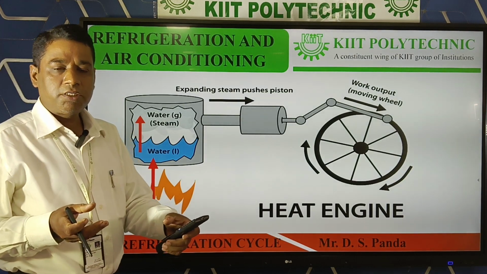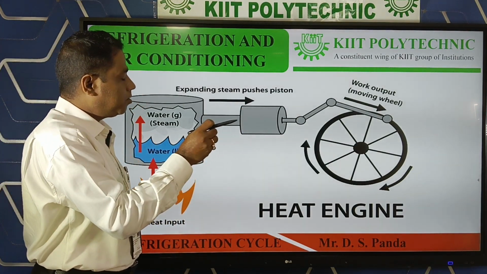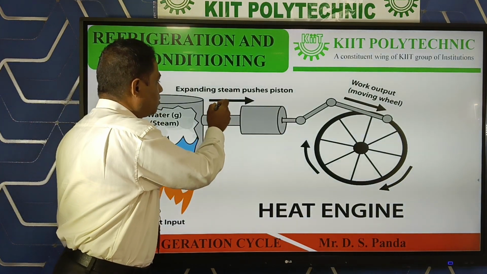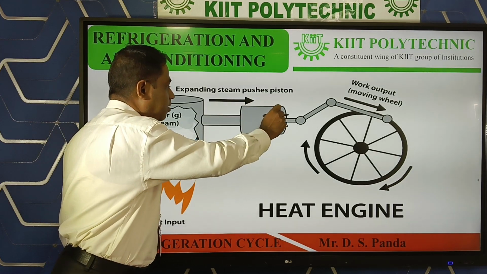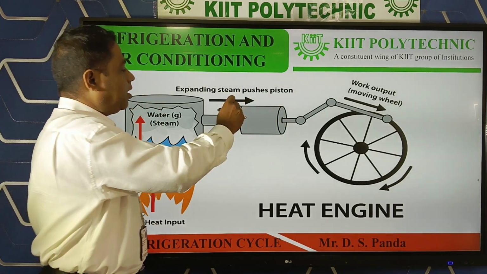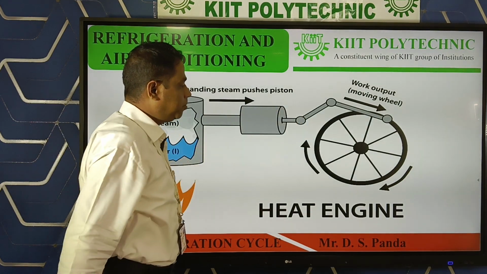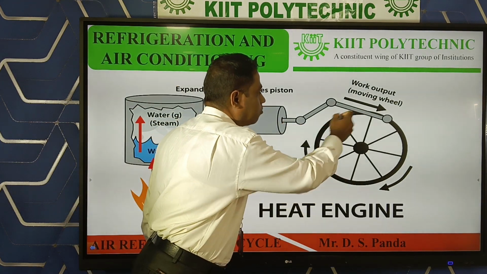When high pressure steam enters the cylinder, it pushes the piston forward. The direction of movement of the piston is given here. At the end of the piston, a mechanical lever or linkage is given, so that the wheel will rotate in the clockwise direction.